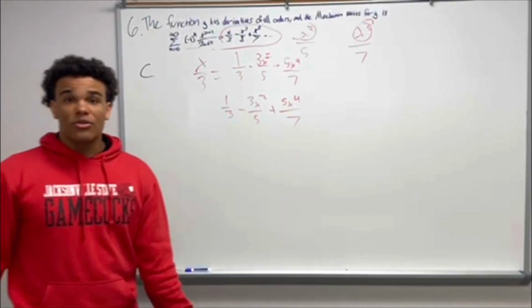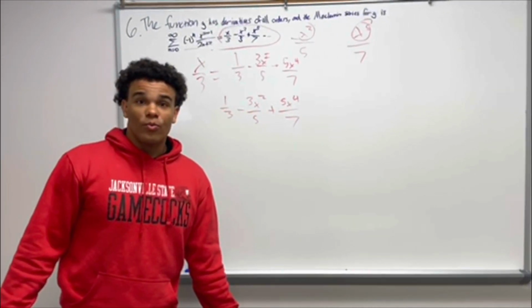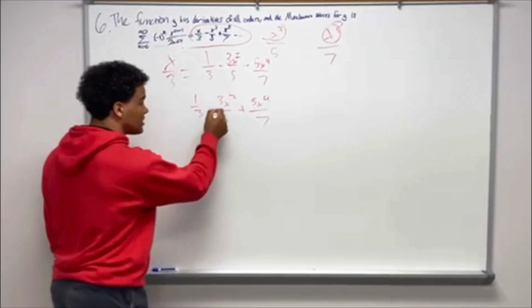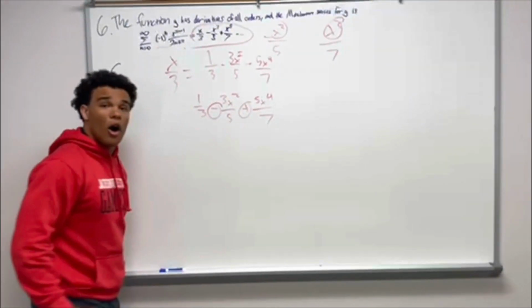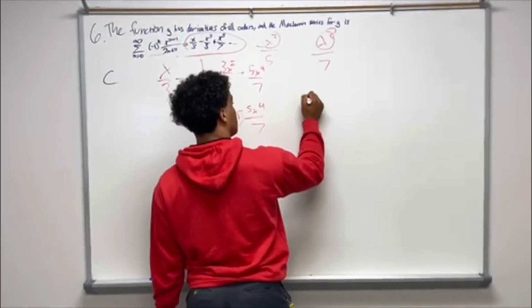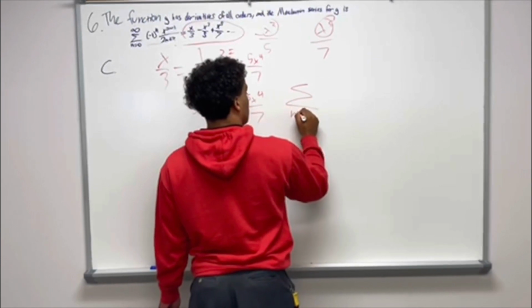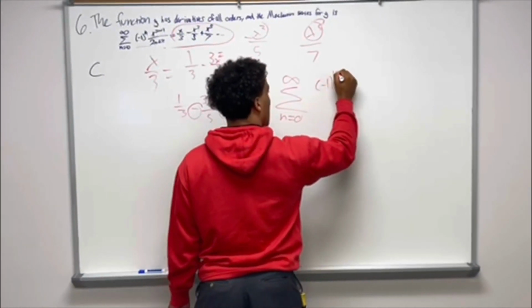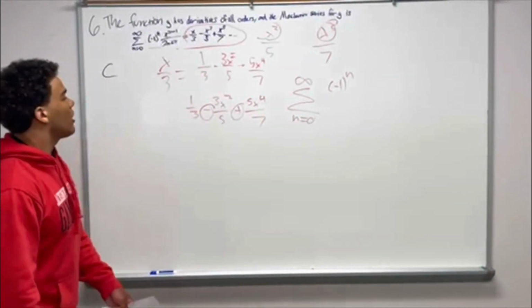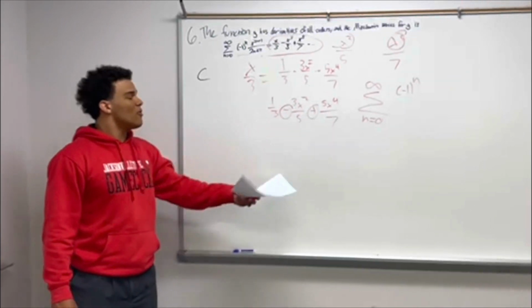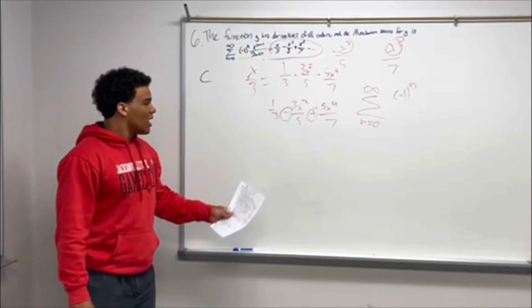Now it asks for the general term too. So how are we gonna do that? First things first, gotta have an alternator in there. So let me draw this real quick. Alternator, right? Then you're like, oh, but how do we get this and this and this? So we gotta logic it.